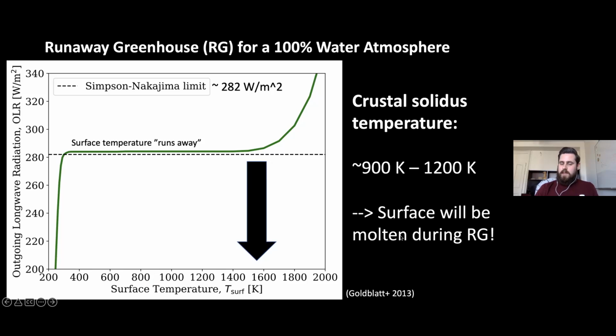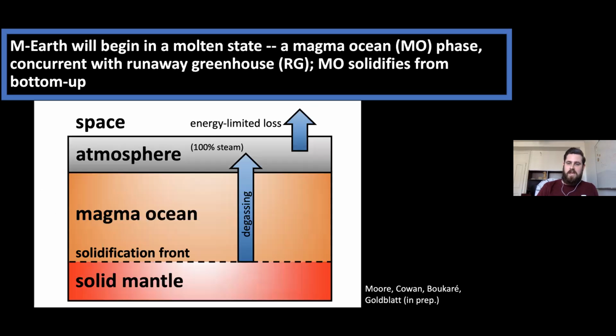So instead of having a steam atmosphere above a solid surface, we'll actually have a steam atmosphere above a molten surface during this early runaway greenhouse stage. In fact, this M-Earth will actually begin in a molten state. This is known as the magma ocean phase, and it will be concurrent with this early runaway greenhouse phase. And it's not only due to the runaway greenhouse phase, there's also a substantial amount of accretionary energy that contributes to the planet being molten at the beginning as well.